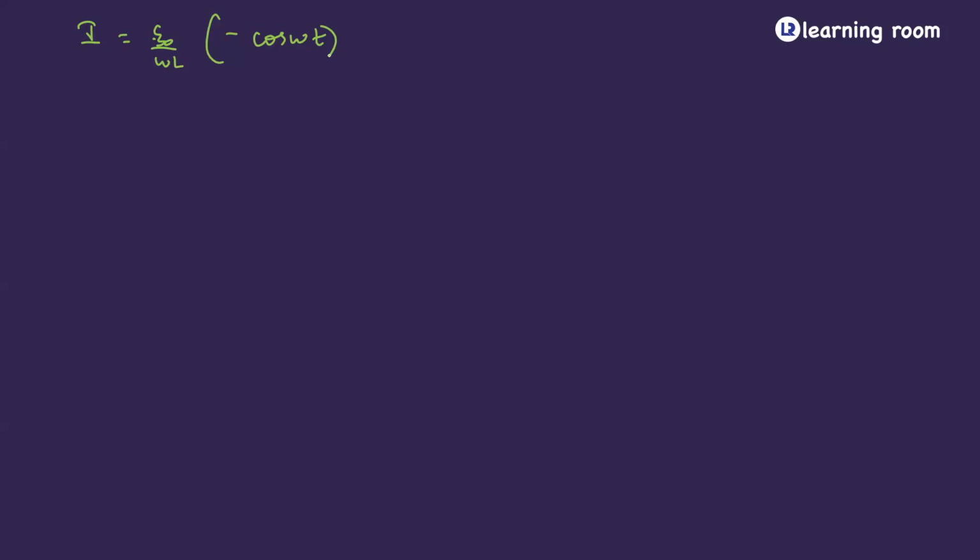So how to make this cos in terms of sine? You observe, this can be written as E naught divided by omega L into minus sine is there, no? Cos omega t can be written as sine of pi by 2 minus omega t, and take the minus sign inside because minus sine theta is sine of minus theta.